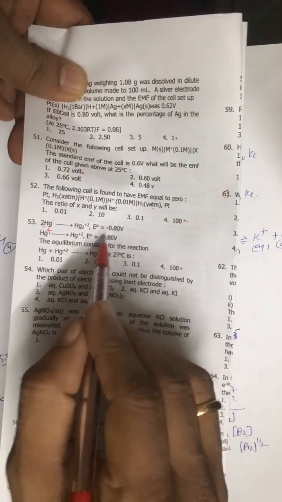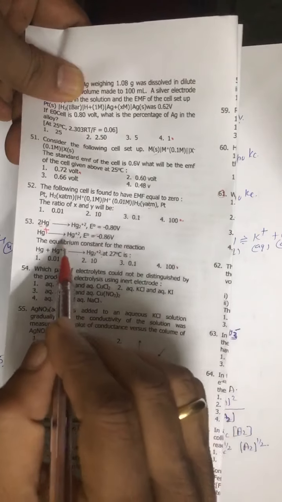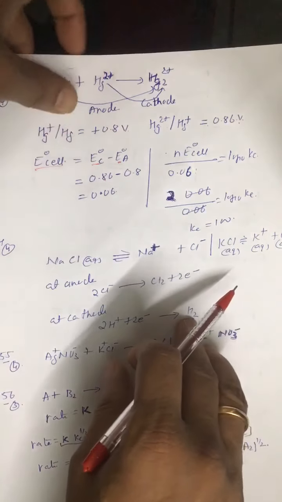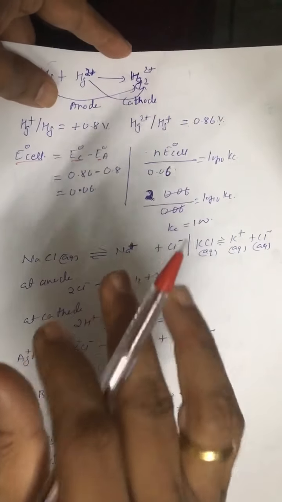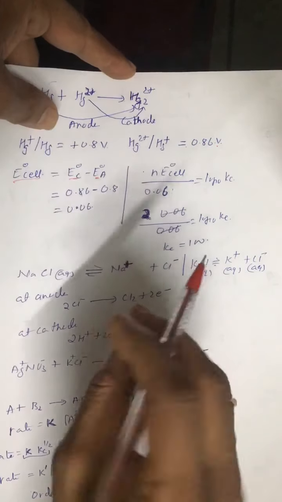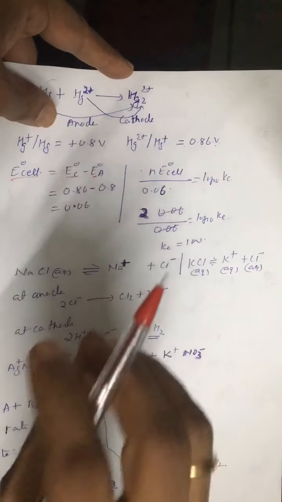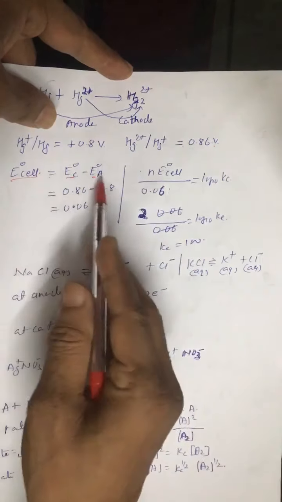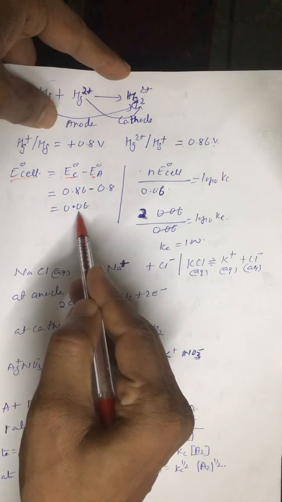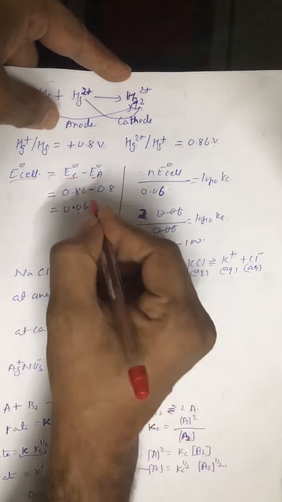That is why we have negative sign in both the cases, but in this formula we have to put reduction potential. At anode always oxidation takes place, but in this formula you have to put reduction potential value. So E0 cell we are getting 0.06, alright.